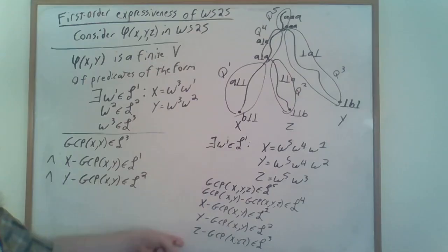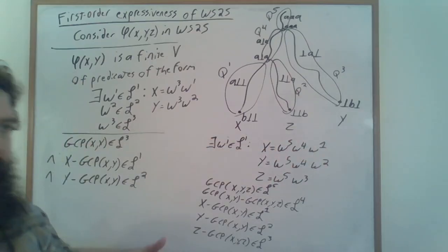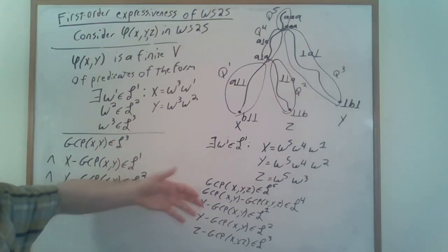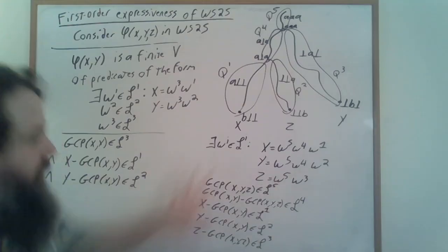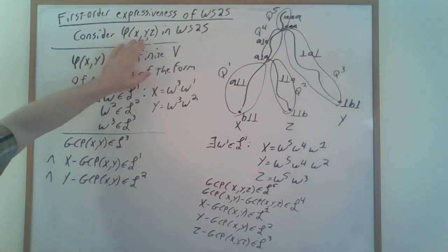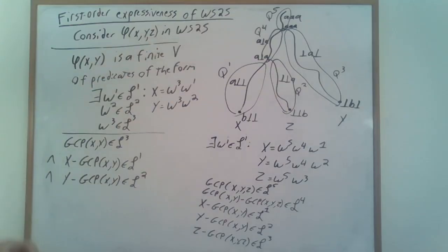So we AND all of these together, that's going to describe one of these things, and then of course we have to again take the disjunction, the OR over a bunch of things that look like this. So ultimately, every predicate phi of first order variables in weak S2S can be written as some sort of Boolean combination, and we're not even using not here.